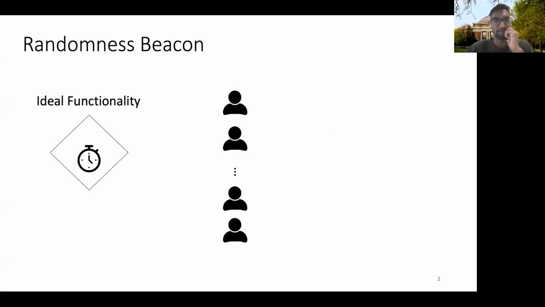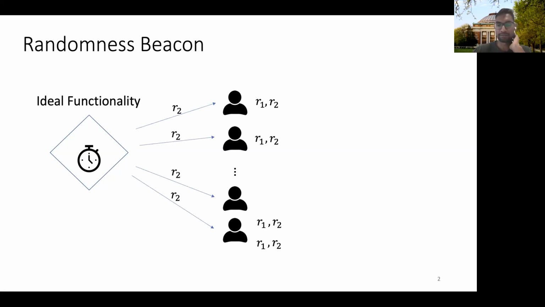So briefly, what is a randomness beacon? Basically we want to emulate this ideal functionality, which is some kind of a trusted party which has a clock and it spits out a fresh random string after every certain time interval. Let's say every 3 seconds, it will give a fresh random string to everybody, and it sends the same random string to everybody. So this is the ideal functionality we want to emulate.